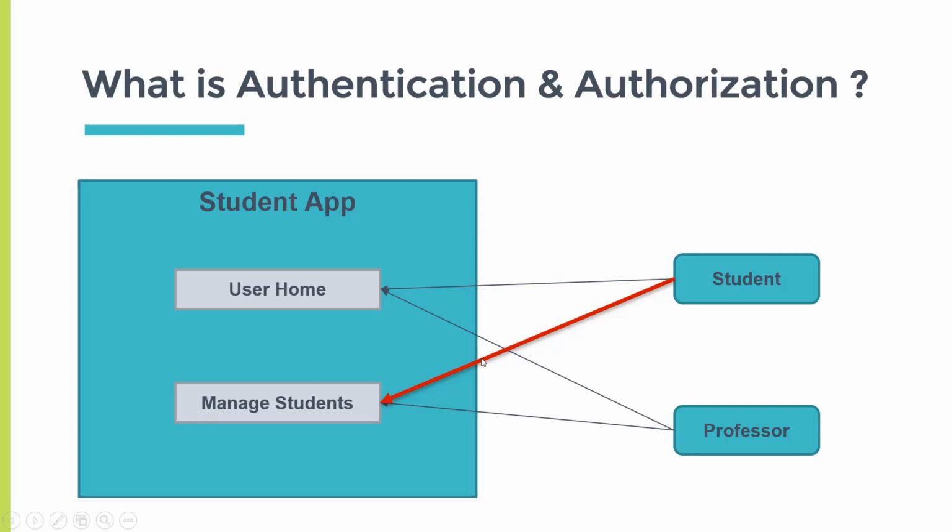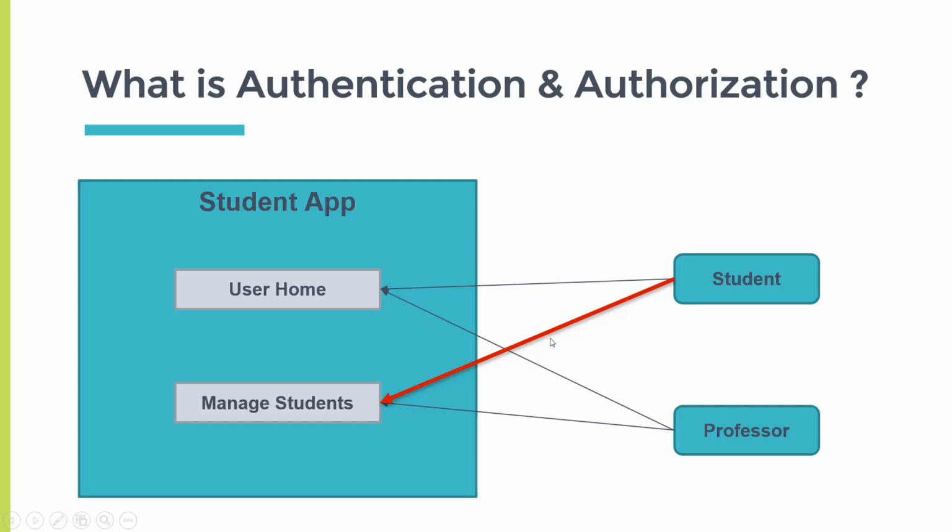So this is authorization. The first step is authentication, and it is applicable for all the users, whatever role there is, student, professor or admin. First the user needs to provide his or her identification, a combination of username and password or email and password. Then only the user can enter the system. Once the user has entered the system, it all depends on the role.